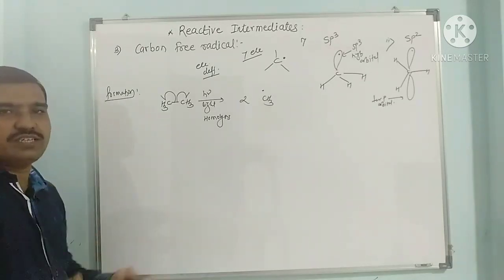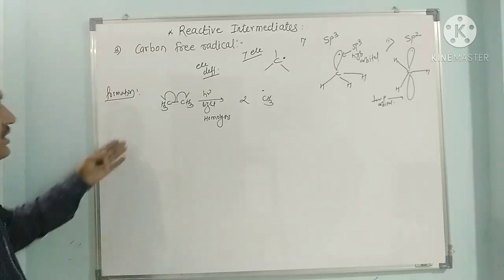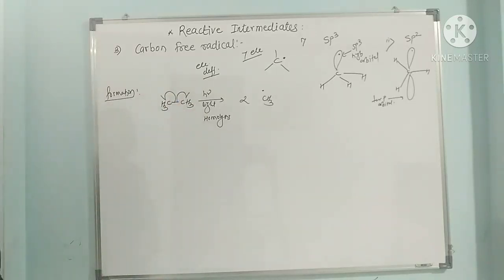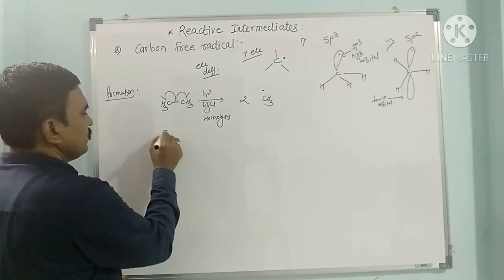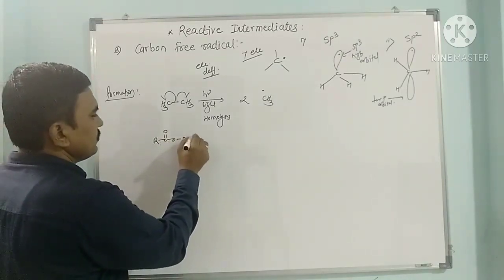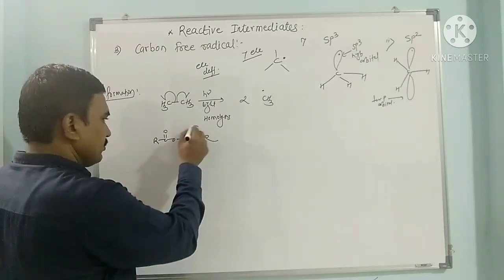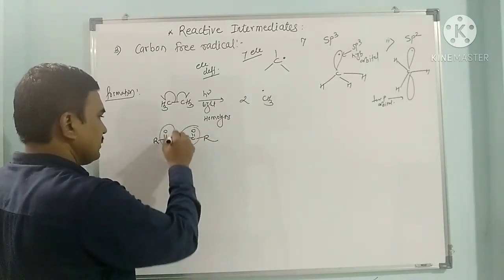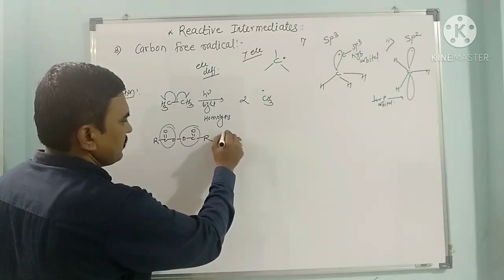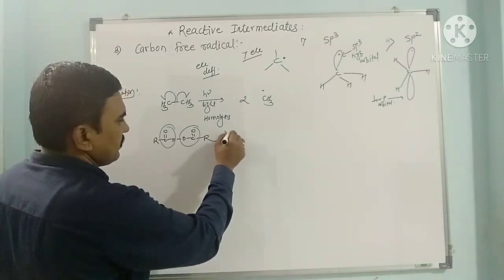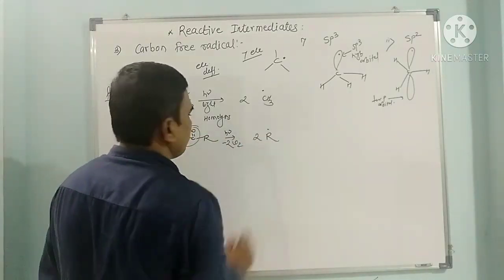When we have a peroxide, it also gives alkyl radicals. When we have a peroxide such as RCO-OCOR, with light and the loss of 2 CO2, we get two R radicals.